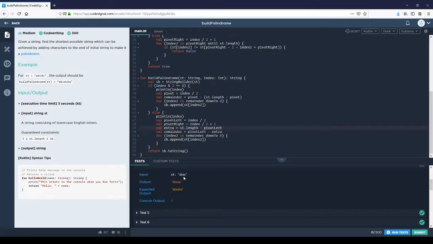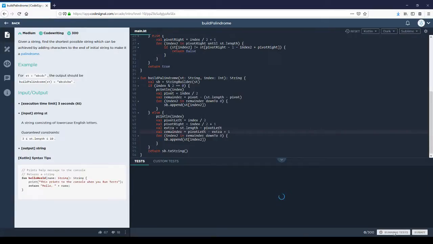Yeah. So remainder would be pivot left minus extra, and it needs to minus 1 more, I guess. Oh, actually it's +1. Pivot left minus extra +1. Looks like we can finish on time this time.